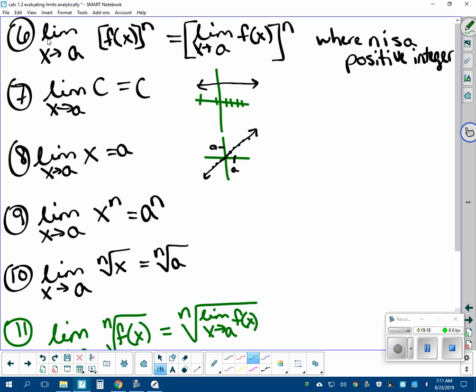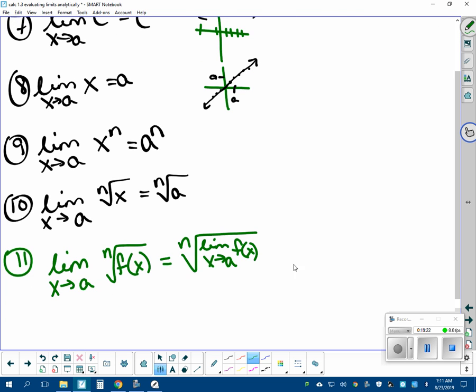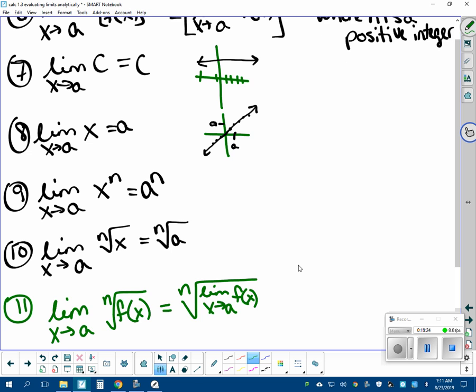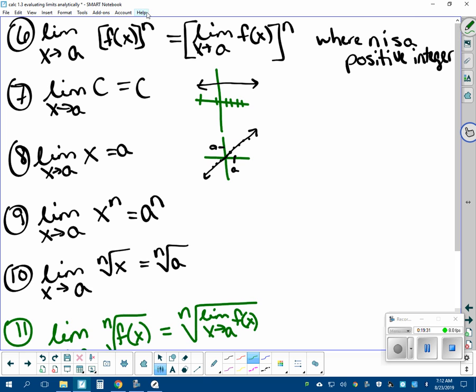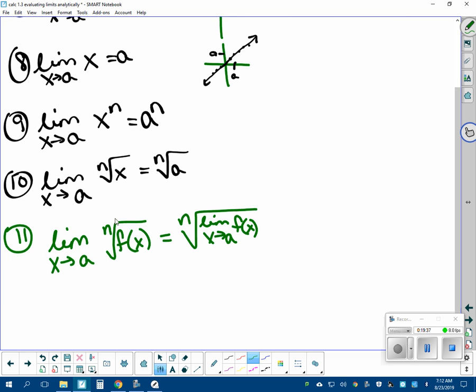So what I'm looking at is rule number 6 and rule number 11 are basically the same thing, because we know a root can also be written as an exponent, but number 6 they had specified it's an integer, and this would not be an integer. So that's why we have it as an additional rule.